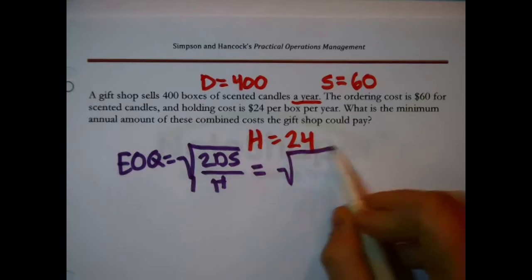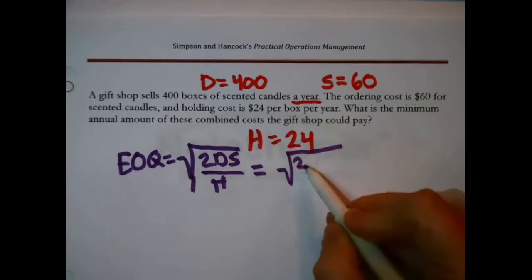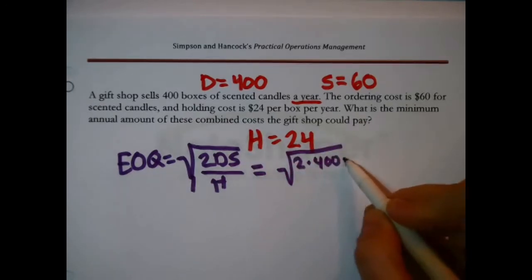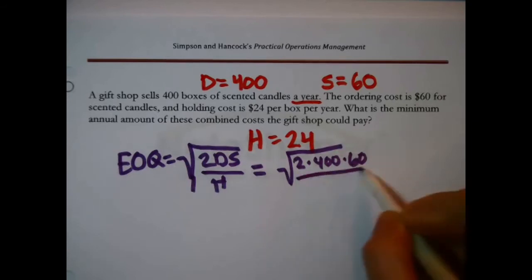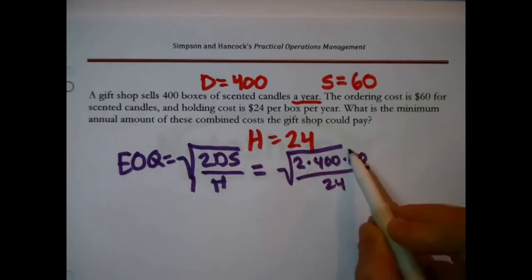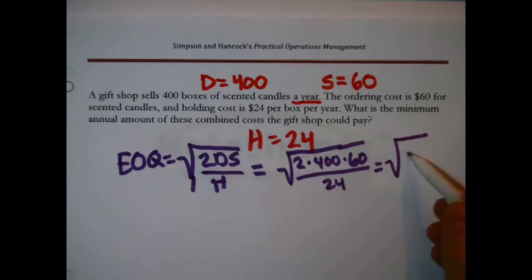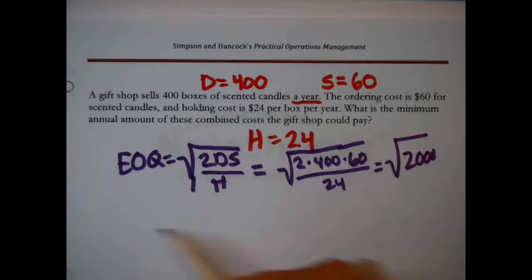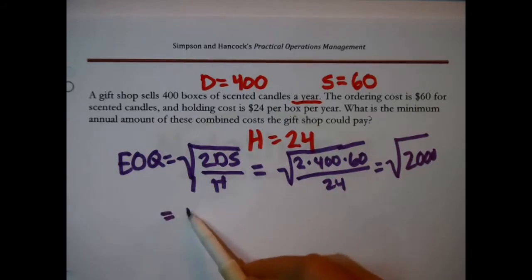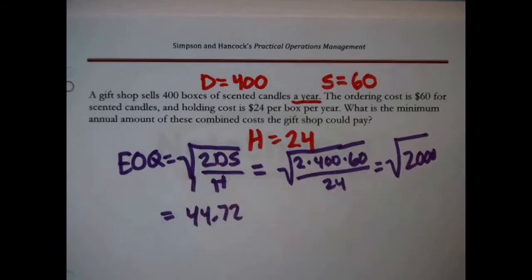For scented candles, 2 times 400 times 60 divided by 24, I get the square root of 2,000, which comes out a little messy, like 44.72 some odd. The EOQ is an order size.